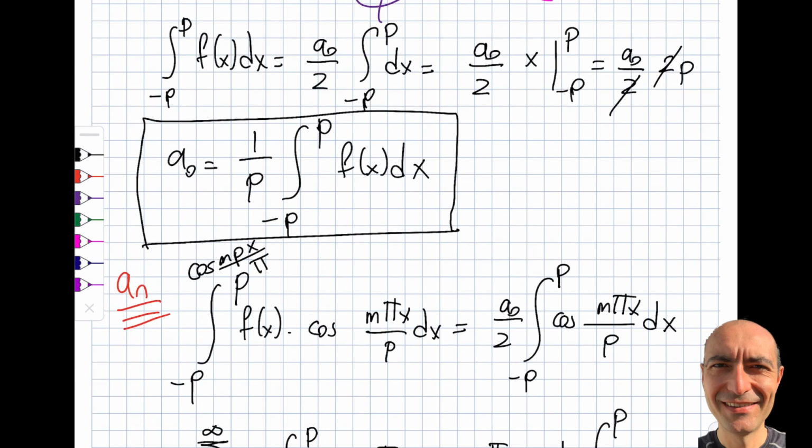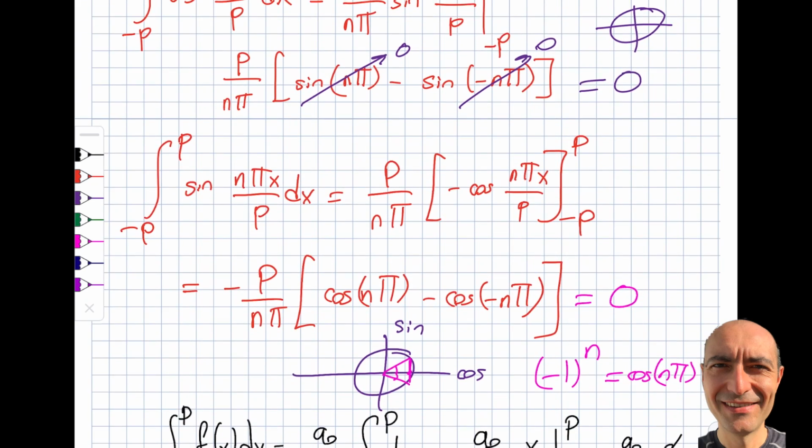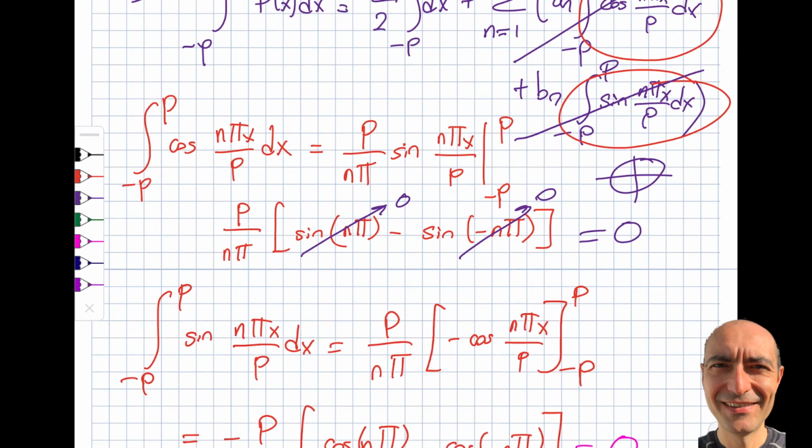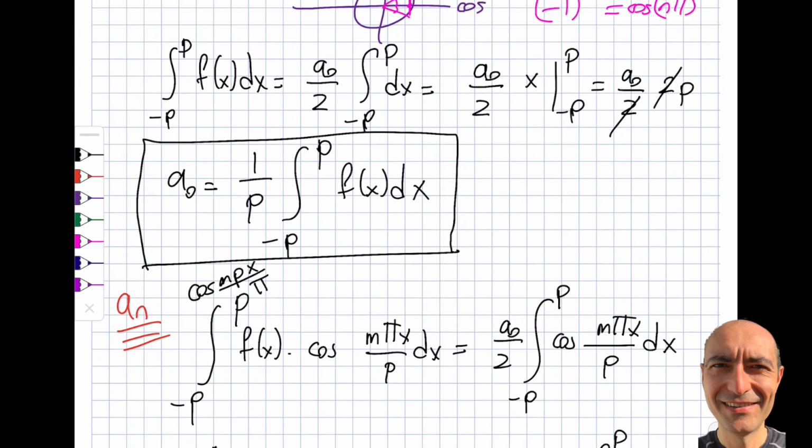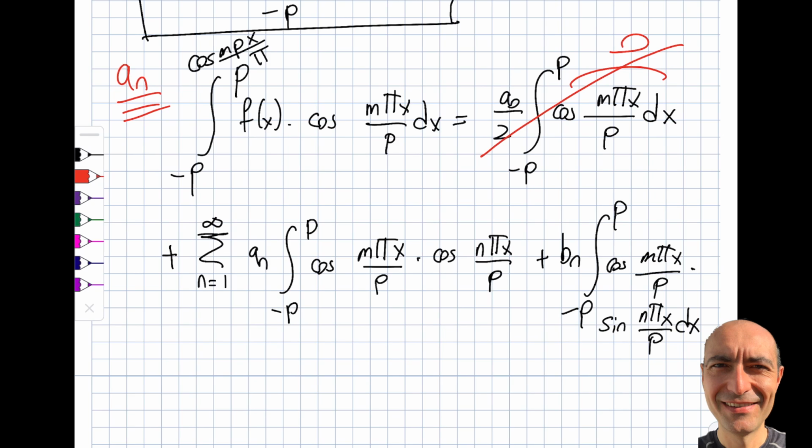Okay, you can see I evaluated over here the cosine integral. Where is it? Right here. The cosine, it was n, now it's m, but it doesn't matter. This will be 0, so this will be gone. I'm not going to show you the details about that one because I want to get going. So as I mentioned, this an will be left, you will see soon, but this bn term will be 0.